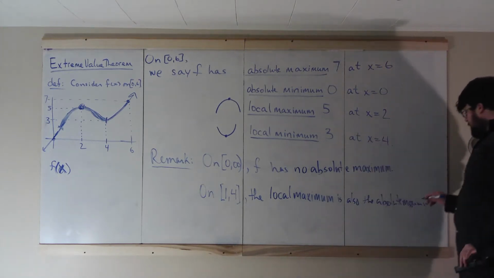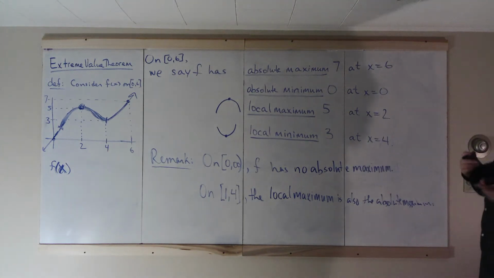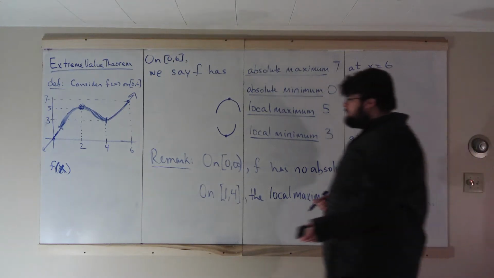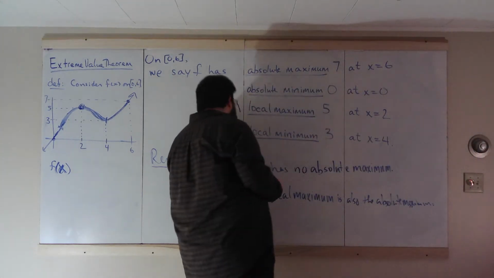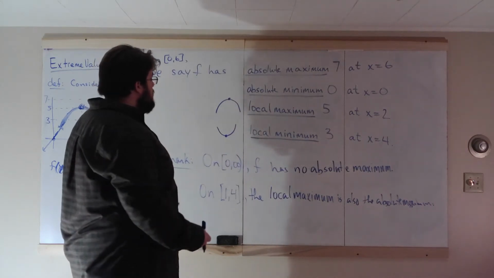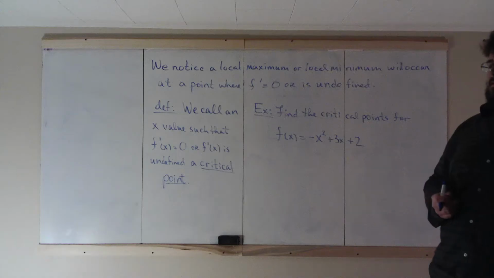I botched up writing maximum there. So a local maximum could be an absolute maximum. And we'll see that. But let's describe local maximum and local minimum in a little more detail.